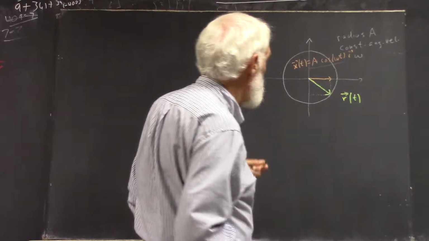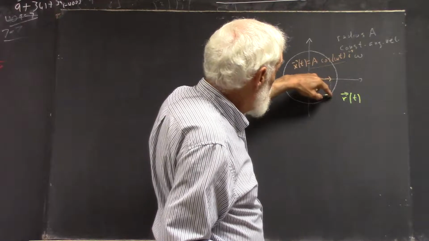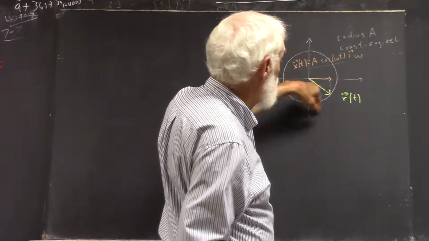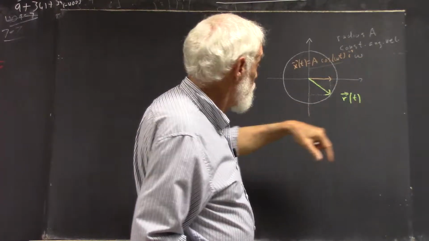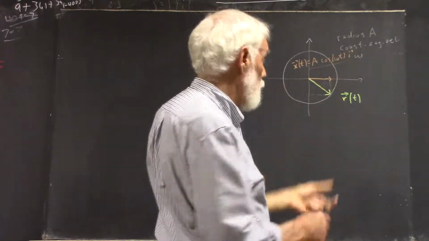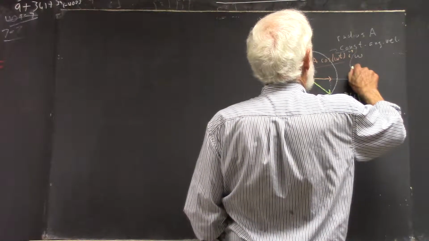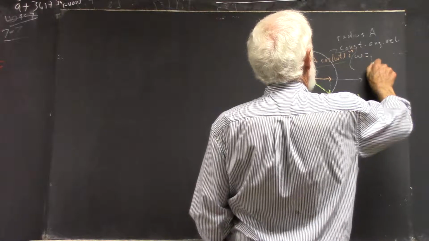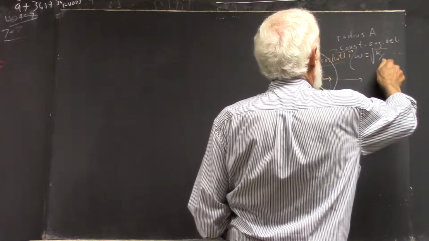And we say that simple harmonic motion is just the projection of a point moving around a circle of appropriate radius, the radius being the amplitude, at the appropriate angular velocity omega, which we know for simple harmonic motion to be the square root of k over m.